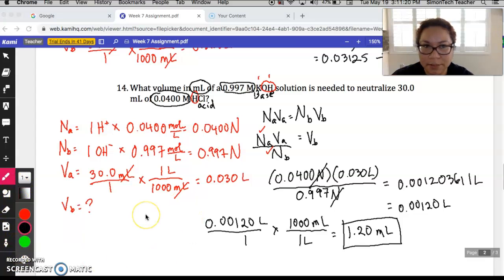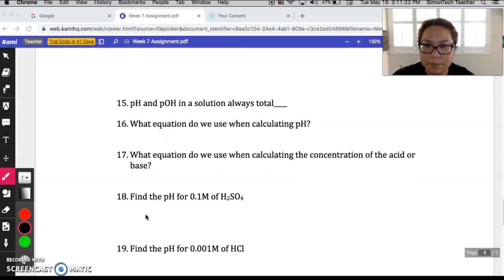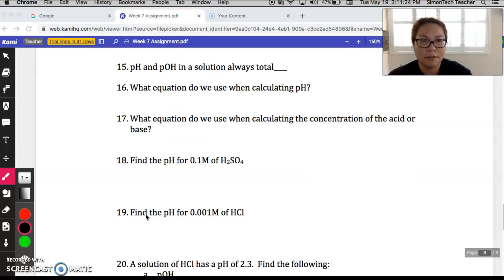Now on to the next problem, problem number 15. So from my lecture, pH and pOH in the solution always total 14. I can write that down. 14. Now, what equation do we use when calculating pH? Well, I should have been a little bit clearer on that, actually.